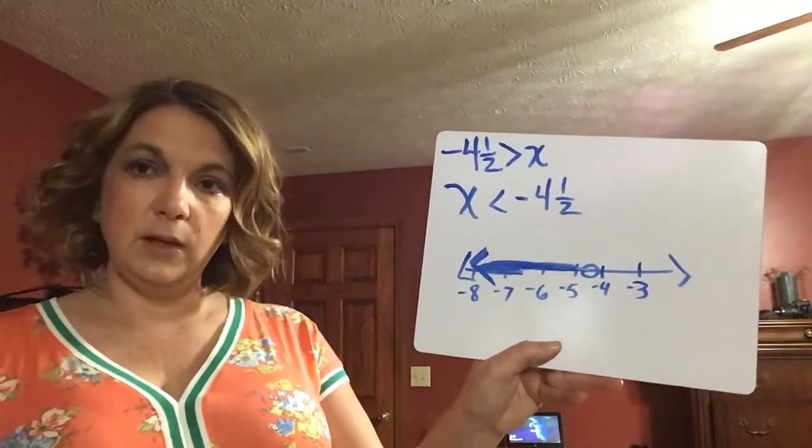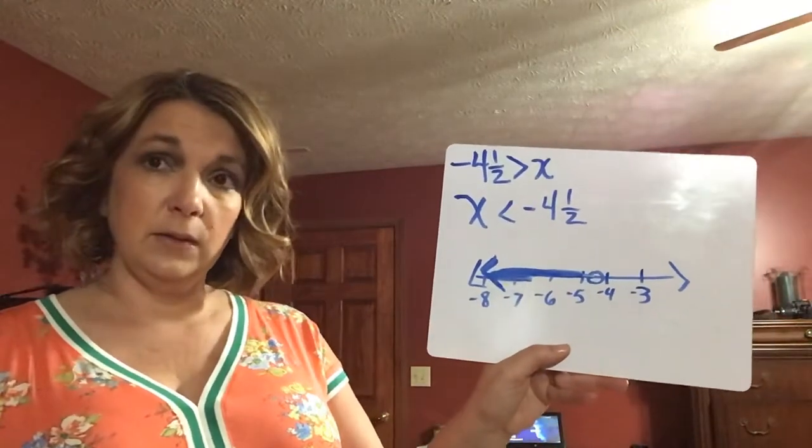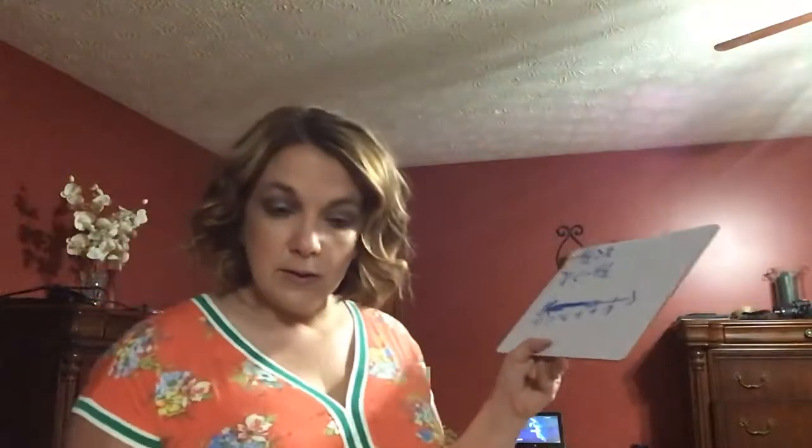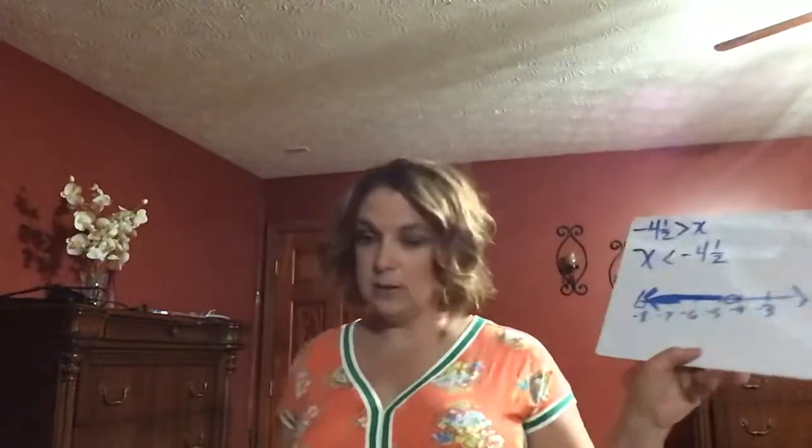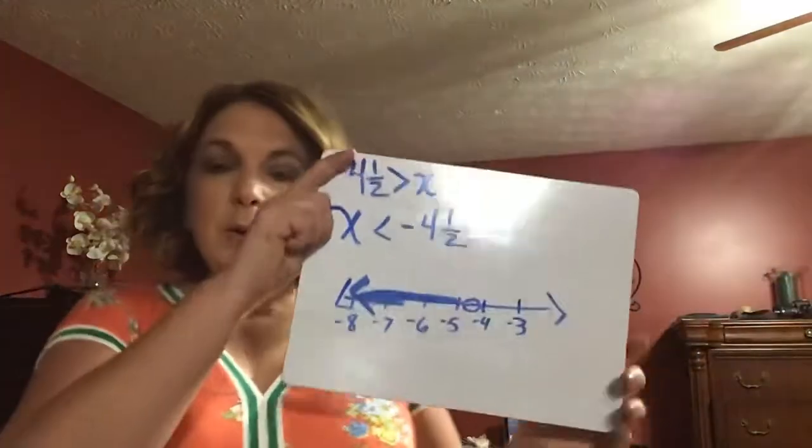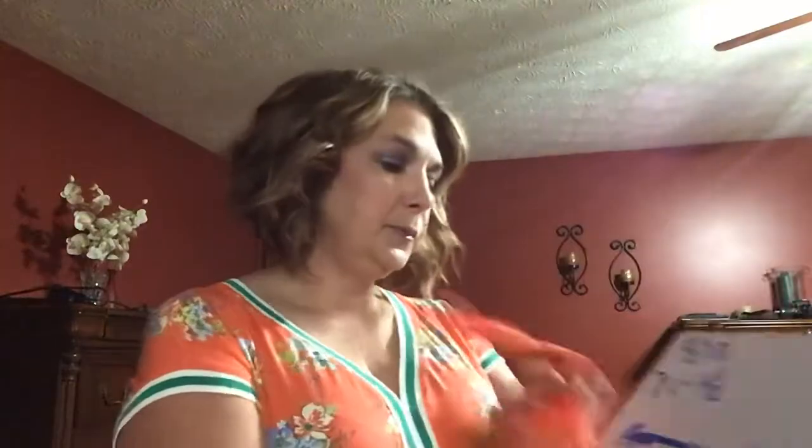I want you to see how it looks with negative numbers because it's a little different, okay? Now, let's look at the next ones. Those next ones are really hard to read because the circles are hard to tell if they're open or closed.